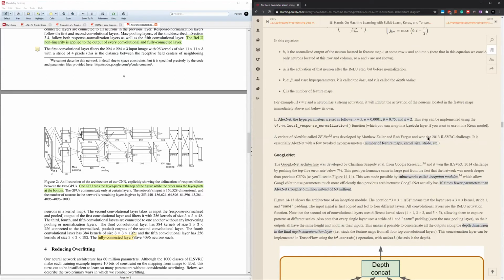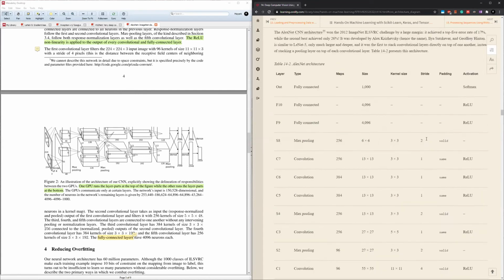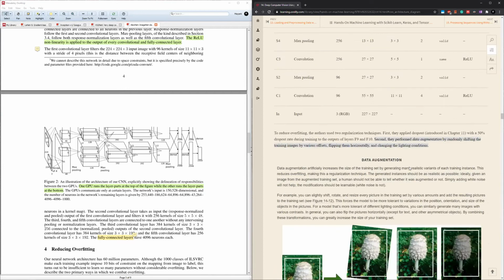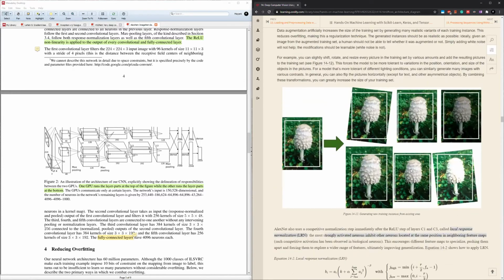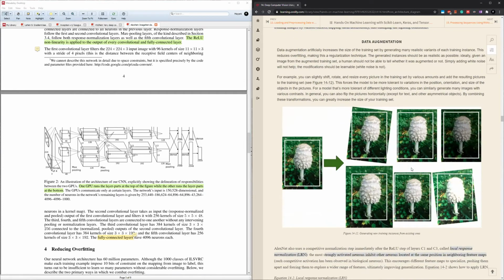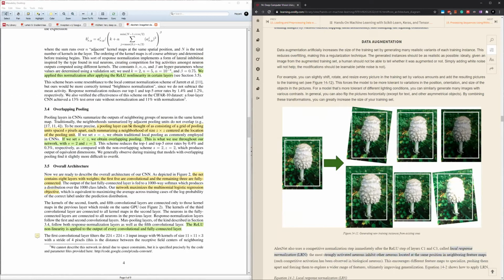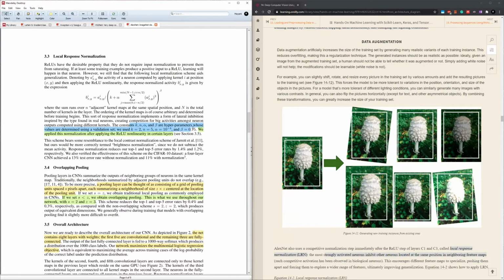So this is all for AlexNet. If you guys have any queries, just that the local response normalization basically doesn't have any trainable parameters. Yeah, so that's the reason why. Those are fixed parameters, right? I don't think you train them.